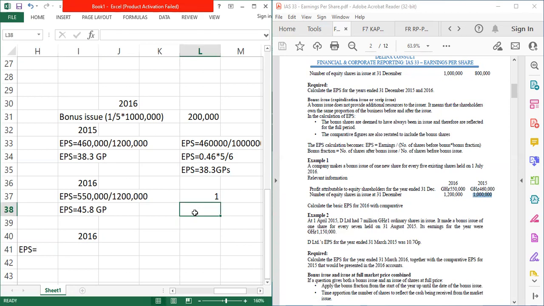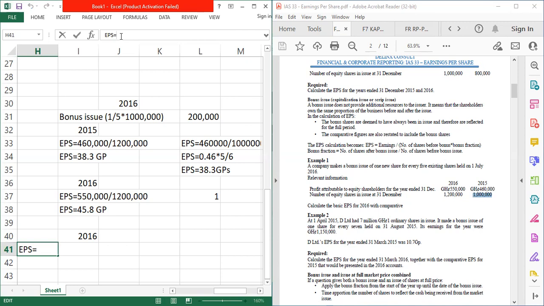It will be 1/7 times what? 7 million. So that will give us 1 million, isn't it? Yes. Okay, so the total number of shares that we are going to have for 2016 will be what? 8 million. Am I correct? Yes.